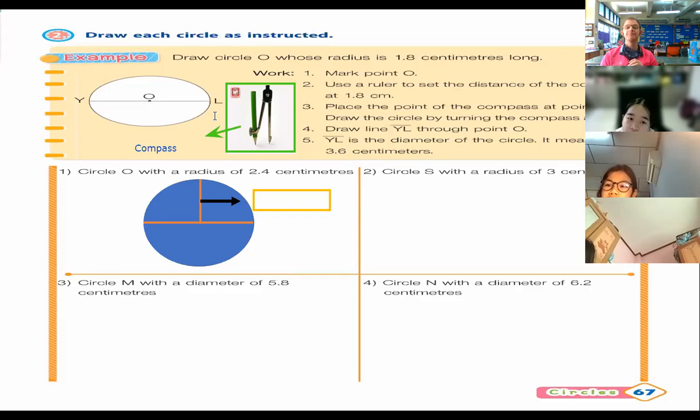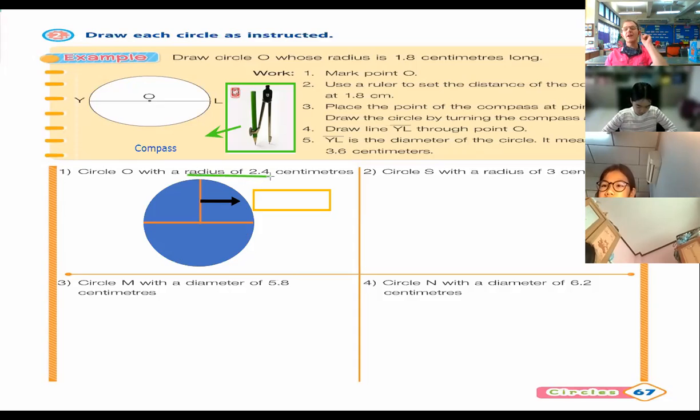So just a quick recap of how we draw a circle. The first thing is we need to find out what the radius or the diameter of the circle is. Once we know that, it's quite simple. For instance, we look at number one here, where I put this picture. They say that the radius is 2.4 centimeters.